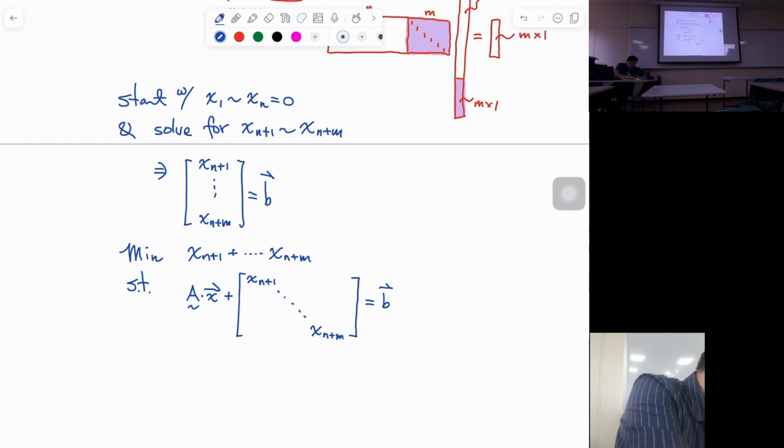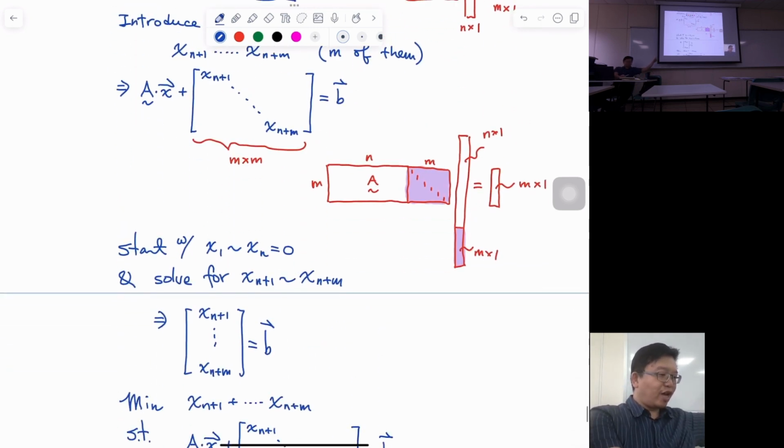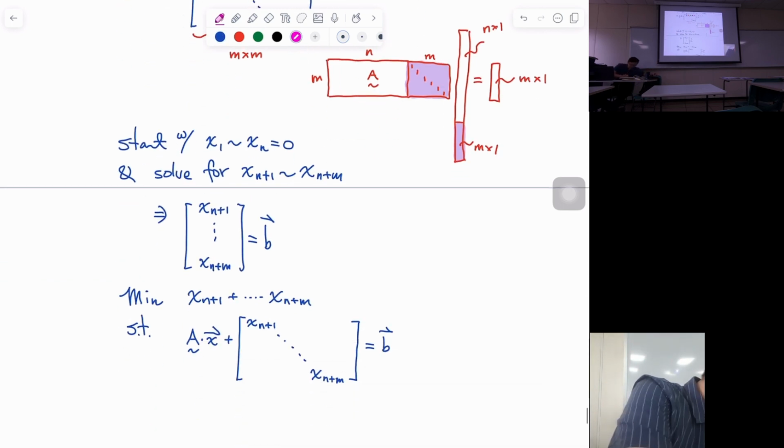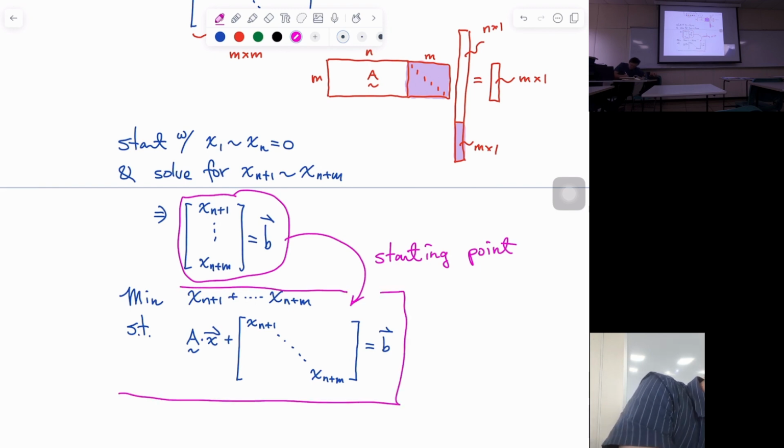Okay, so over here the optimal solution doesn't mean anything by itself. Sorry, this is your starting point of this, you can say phase 1 problem, if this is phase 1, okay?